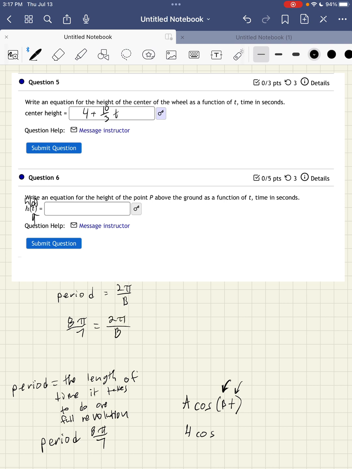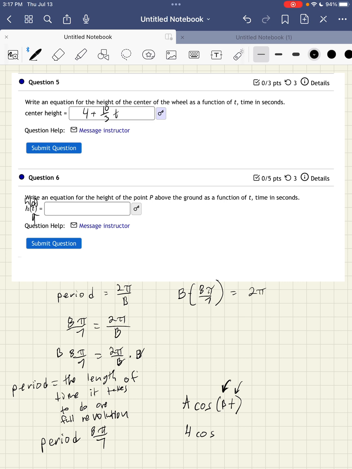And then I multiply both sides by b, so it would be b times 8 pi over 7 is equal to 2 pi over b times b. These b's cancel on that side, and I get b times 8 pi over 7 is equal to 2 pi.